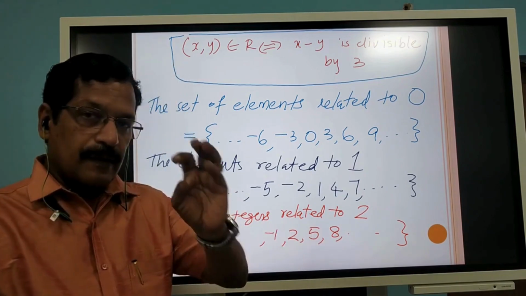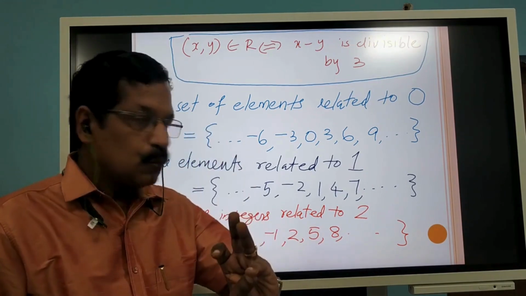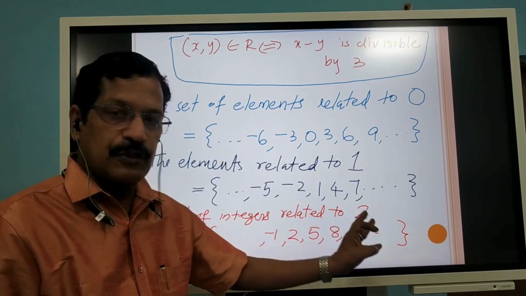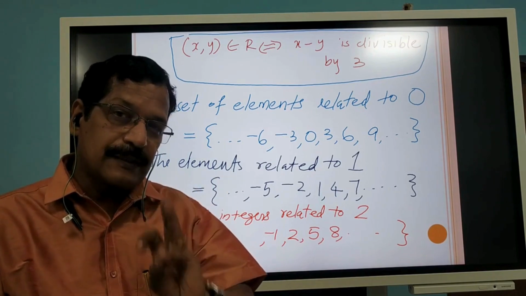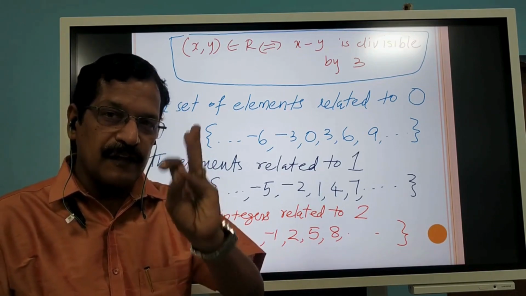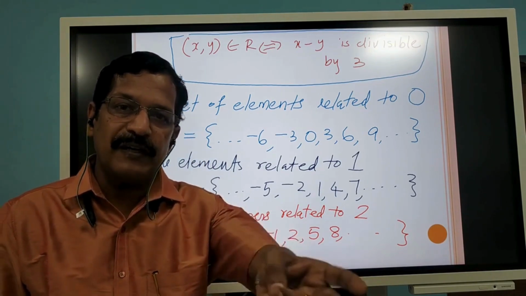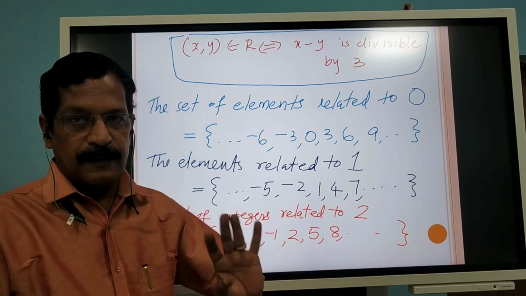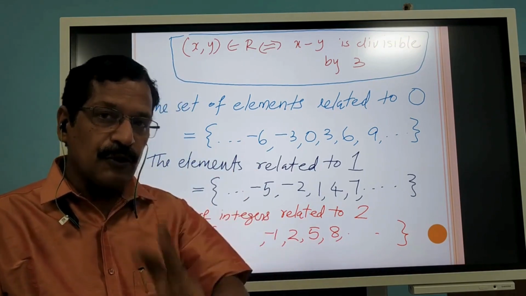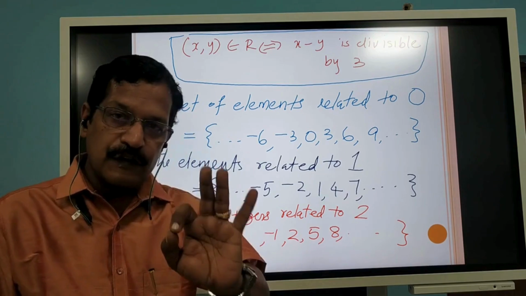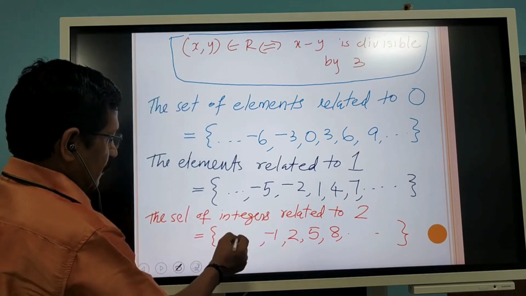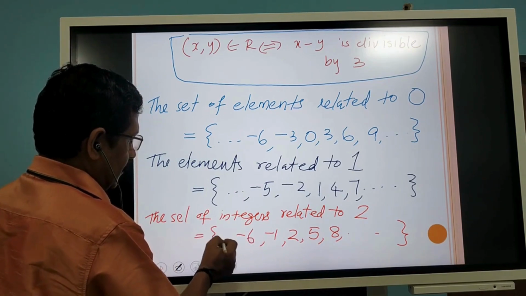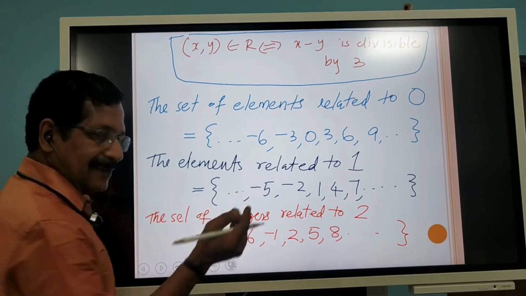Now, negative 2 minus 2 is negative 4, not divisible. Negative 3 minus 2 is negative 5, which is not divisible. Now, negative 4 minus 2 is negative 6, so it is divisible. So, negative 4.